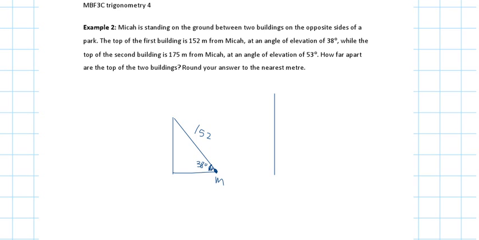Okay? Now, the top of the second building is 175. So what do I draw now? A line from Mika to the top of the building, right? And how high is that?